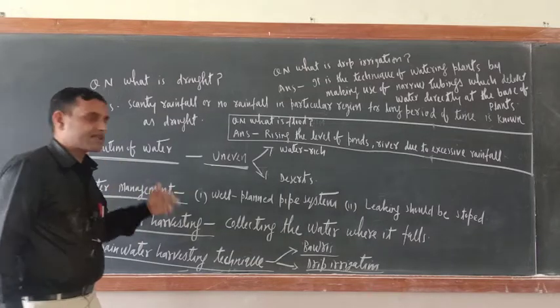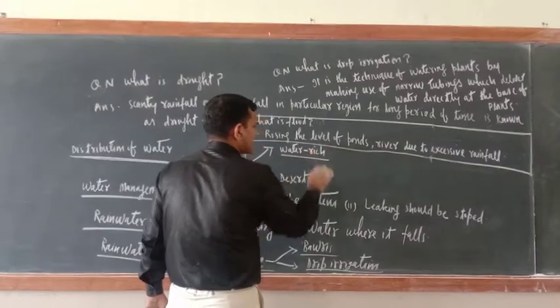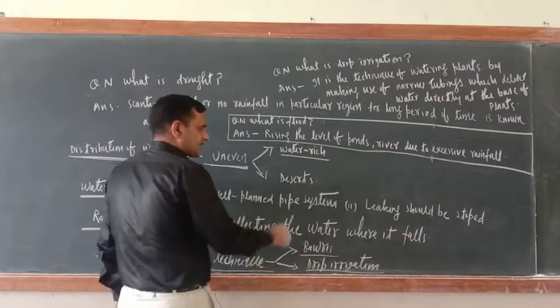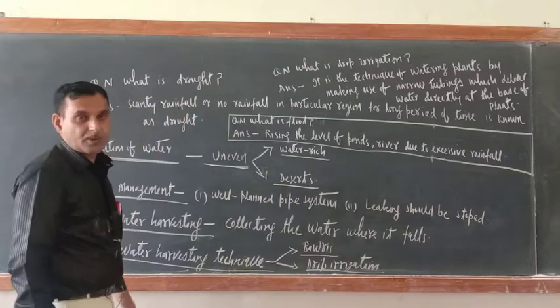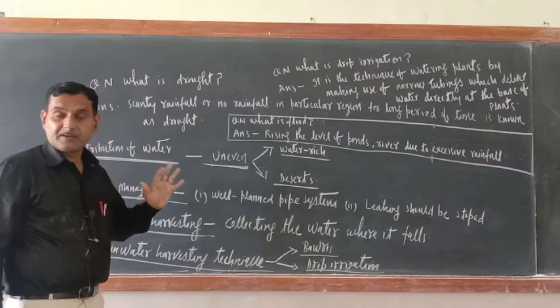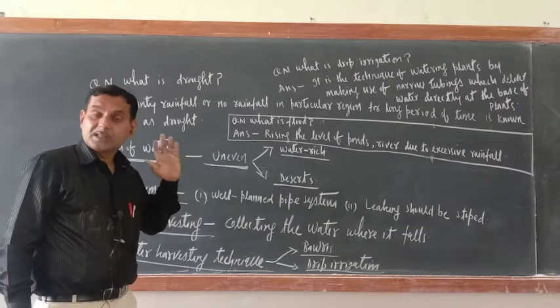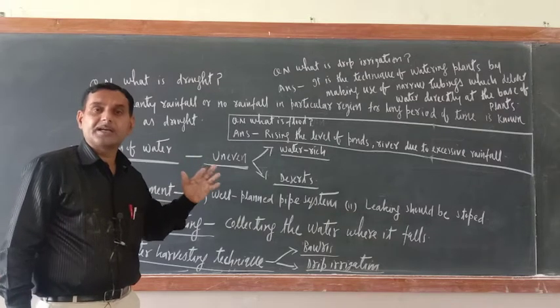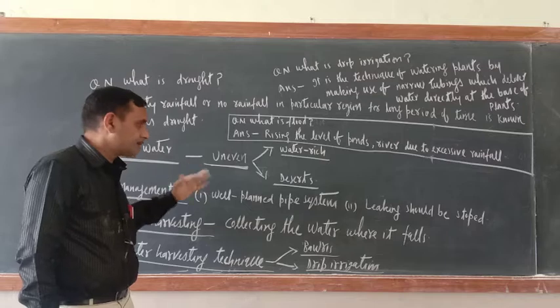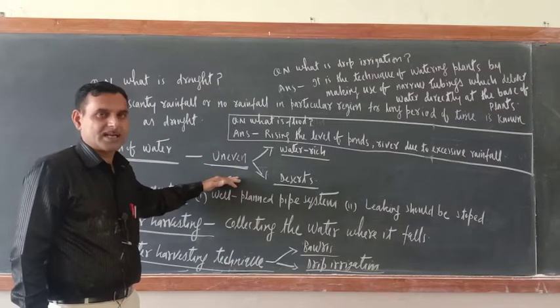The places where sufficient water is there are known as water rich places. And the places where sufficient water is not there are known as deserts. You might have heard about the Kalahari desert in Africa, Thar desert in India, isn't it? Mostly in African countries there are drought-hit areas, and the availability of water is less.